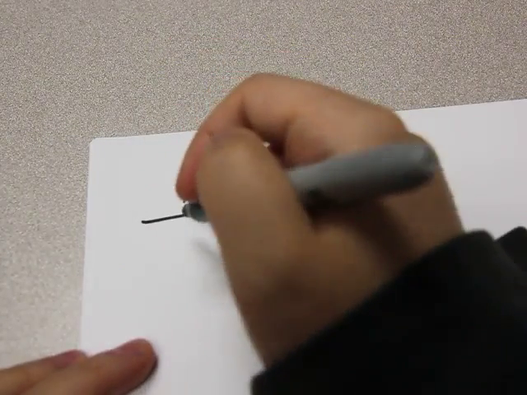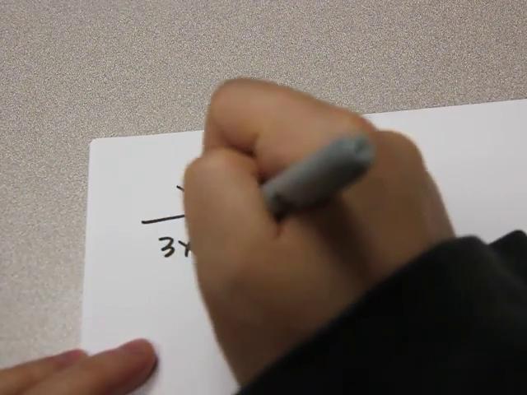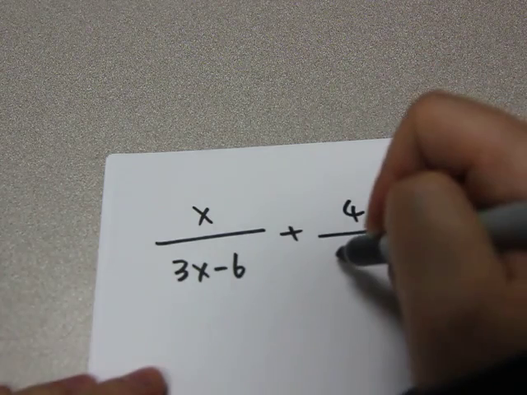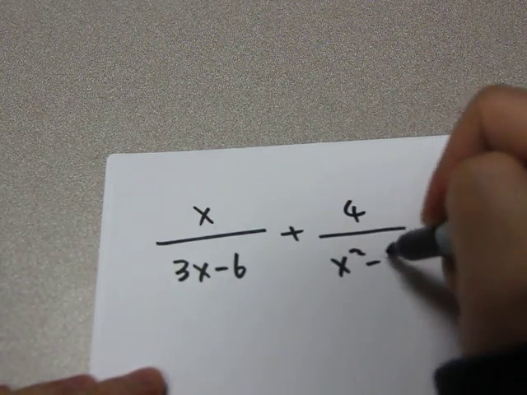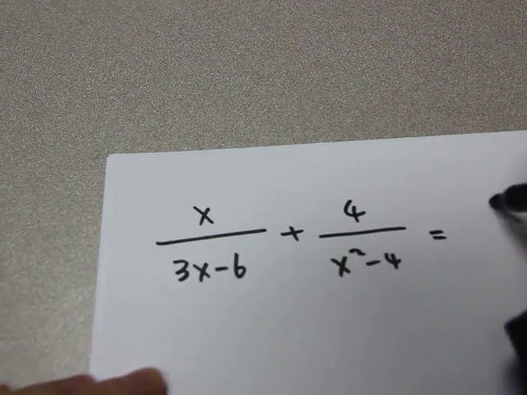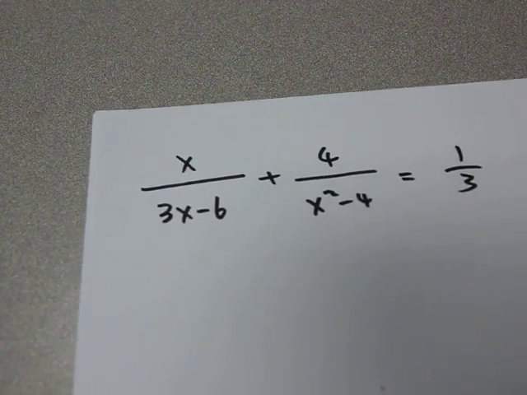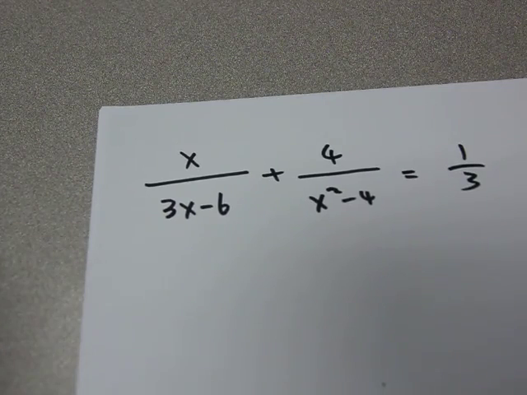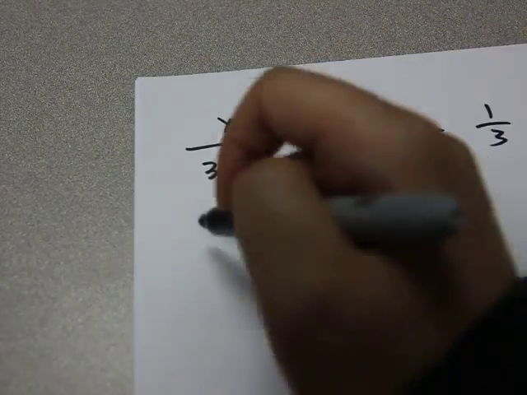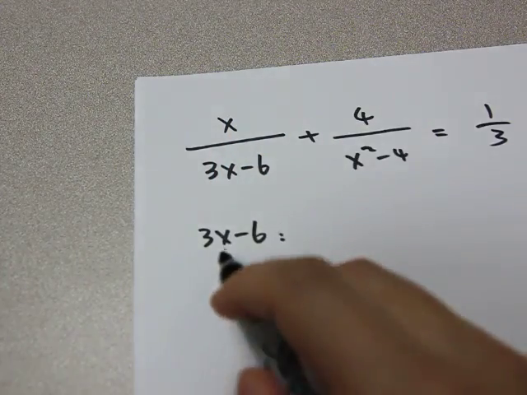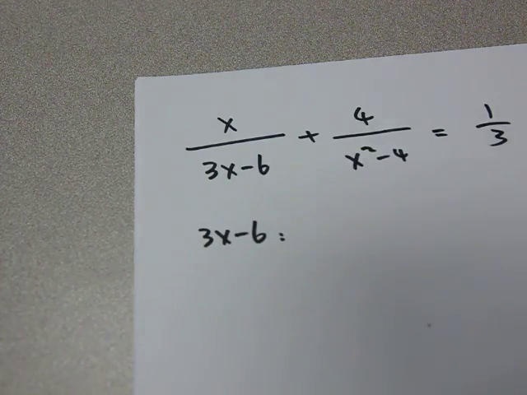All right, let's look at another example. So here we have x over 3x minus 6 plus 4 over x squared minus 4 equals 1/3. Alright, well, this time it's hard to tell what is the least common denominator, right? So first, let's try to factor each denominator.